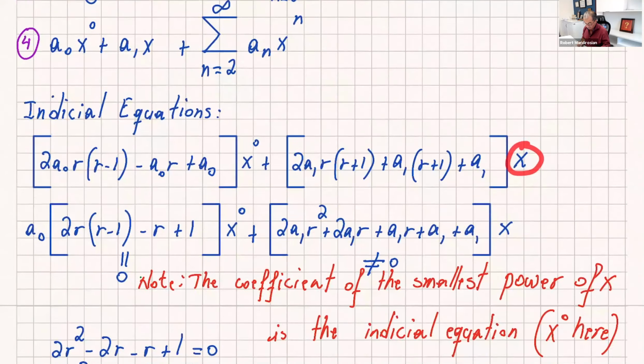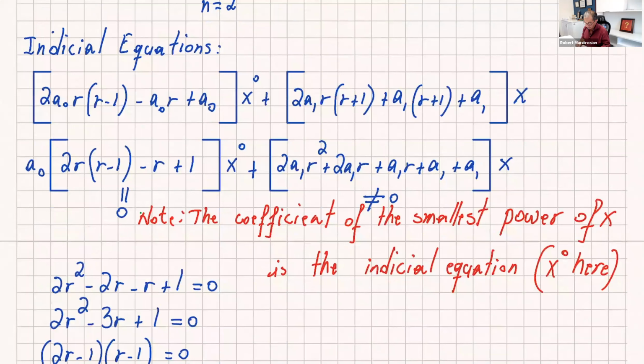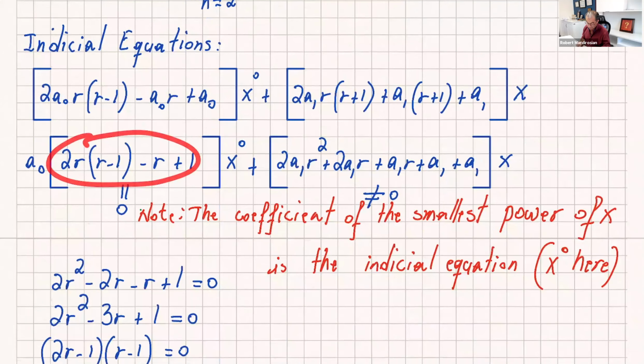So you put all of them together, and from here you can factor out an a0, and from here you can factor out an a1. Now note the coefficient of the smallest power of x is the initial equation. The smallest power of x here is x^0. So this is our initial equation.